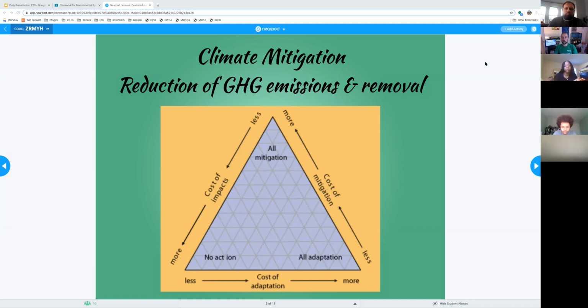Water vapor is a huge one. Methane, good. Ozone to a lesser extent, but methane is a big one. So is nitrous oxide. But the big ones that you need to be concerned about: water, methane, carbon dioxide.